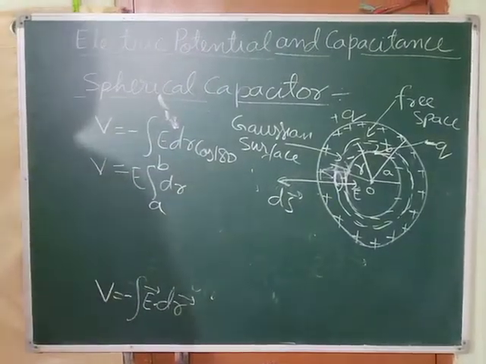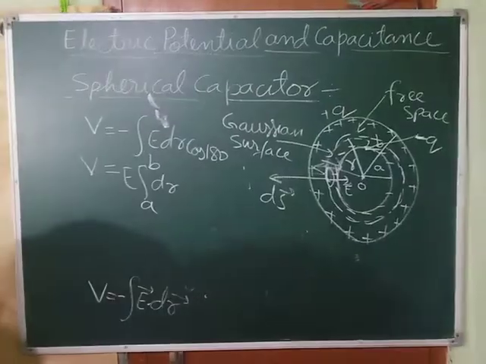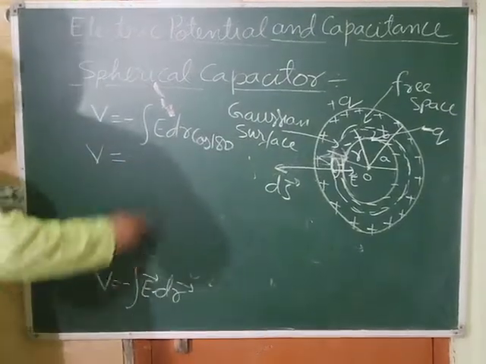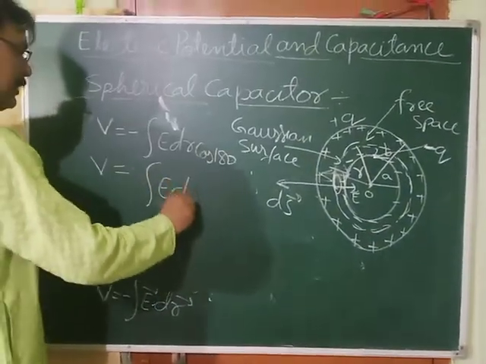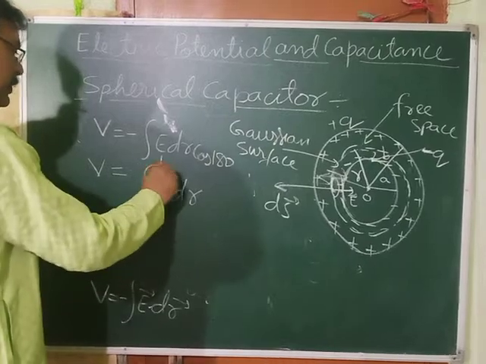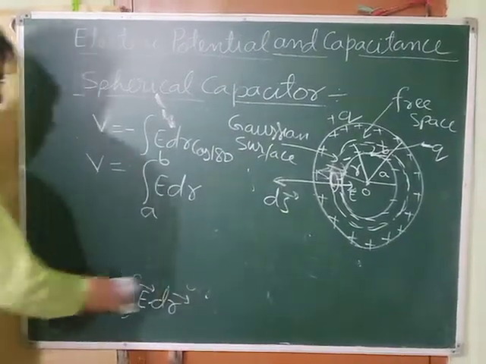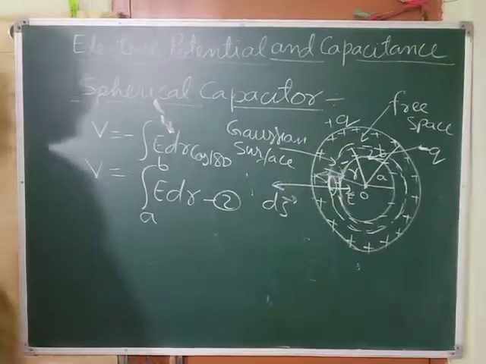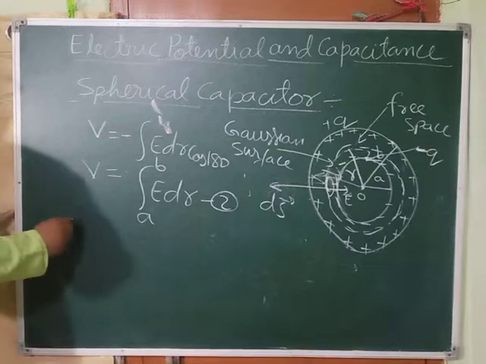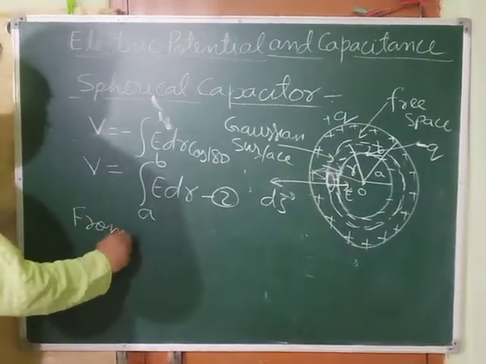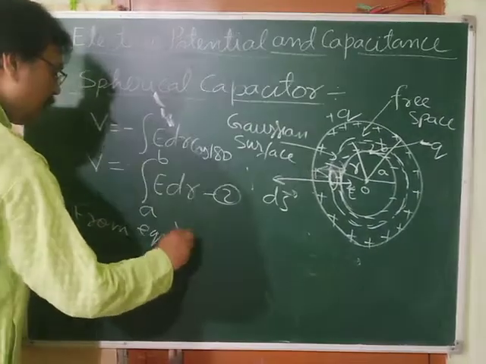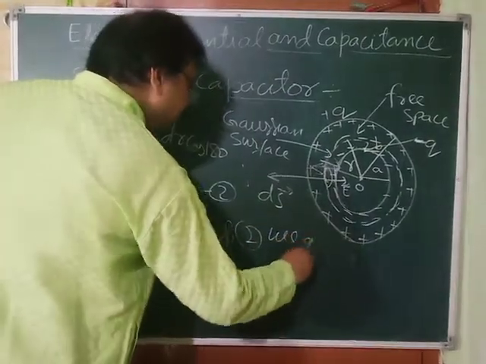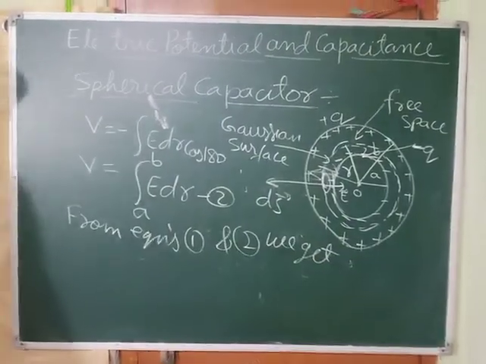Got it? Okay. But is E really constant? No, we have not seen the value of E, no? So we have to write E dr, a to b. Clear? Now what is the value of E? You just have to find it from equation number 1. So let us mark this equation number 2. Now you write, from equations 1 and 2, we get, let's see what we get.